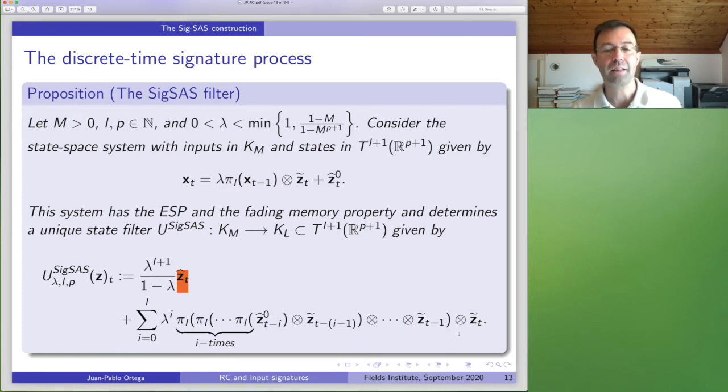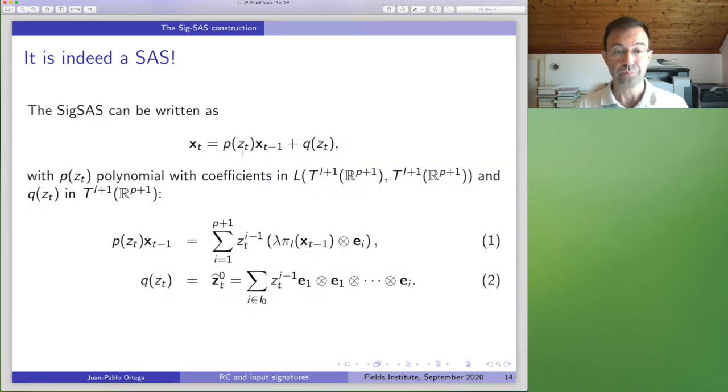There are all these extra terms, but these extra terms are just repetitions with positive coefficients of the monomials that you already have in C_t hat. Okay, so this SAS filter is doing what I told you before, is producing these monomials that are strongly universal approximants for input-output filters in this fading memory category. Okay, so what can we do with that?